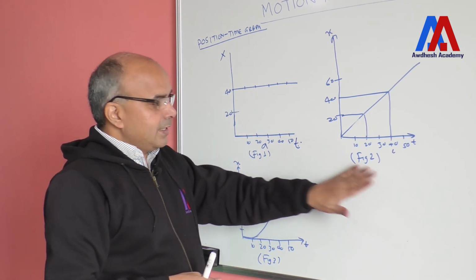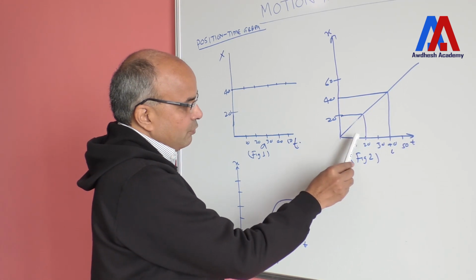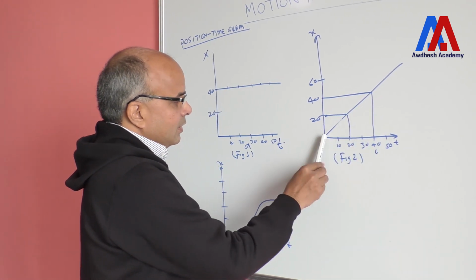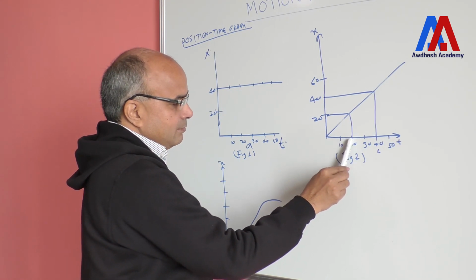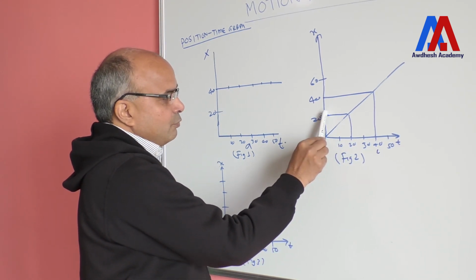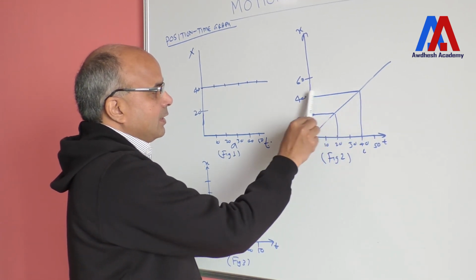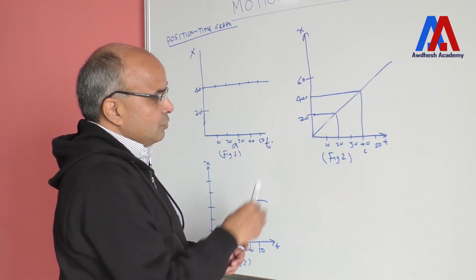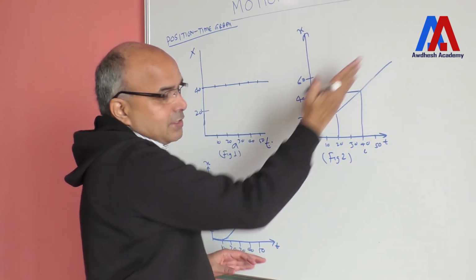Now let us take the second graph. In the second graph, we see that as the time is moving from 10, 20, 30, 40, the position is also moving. For example, when it was at 20 seconds, it had moved to 20 meters. When it was at 40 seconds, the particle had moved to 40 meters. So this is how it is moving at constant speed, and that is why it is shown as a straight line.